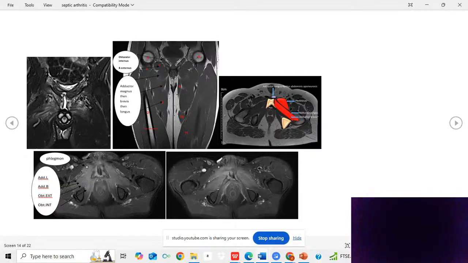Can you see this? This is the post-contrast enhancement of the pubic bone, indicating inflammation and bone marrow edema.